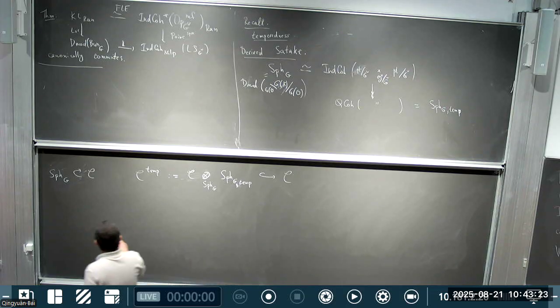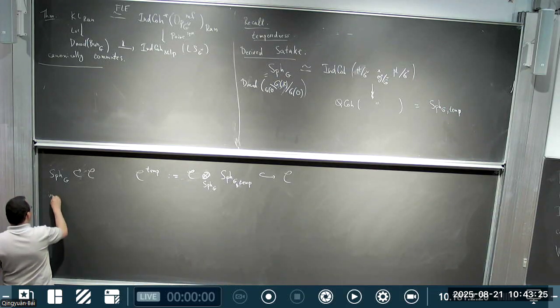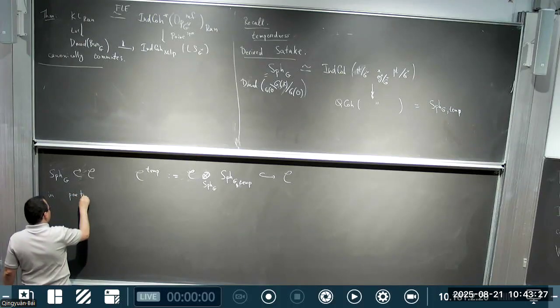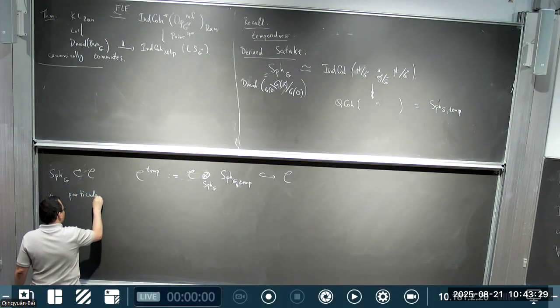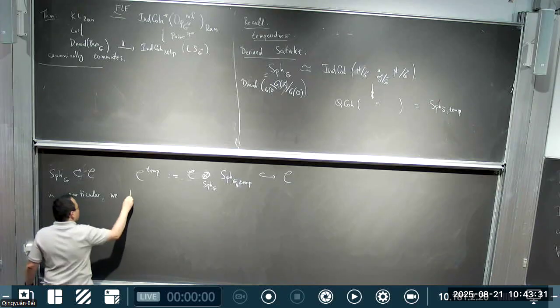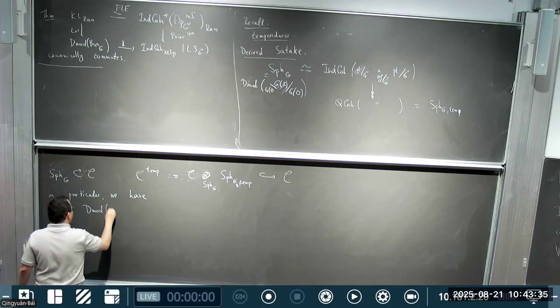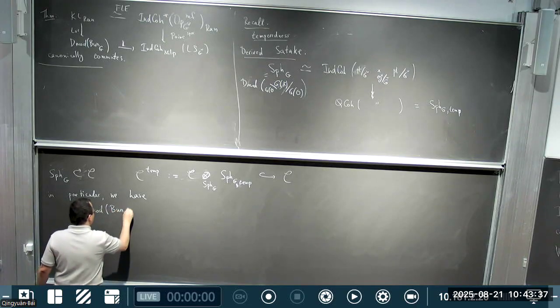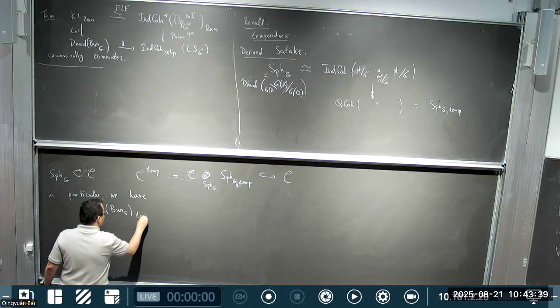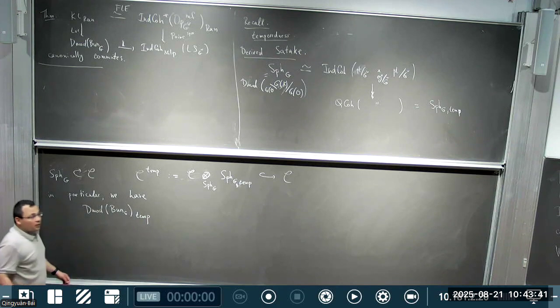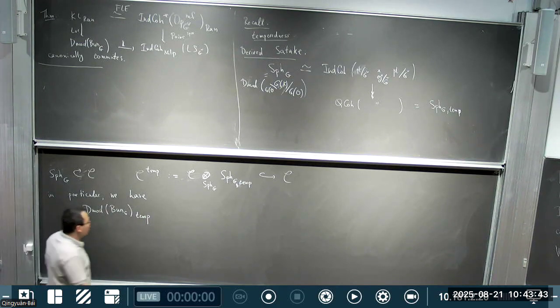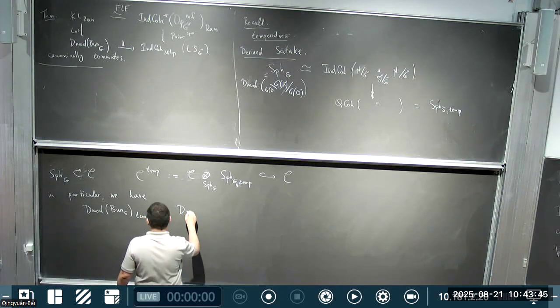So in particular, we can apply this to D-modules on the loop group, and consider this subcategory.